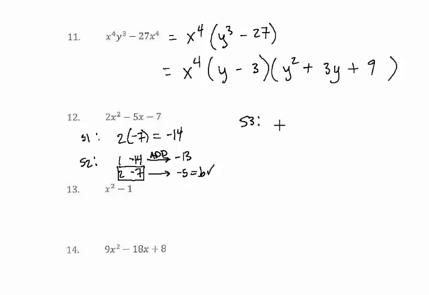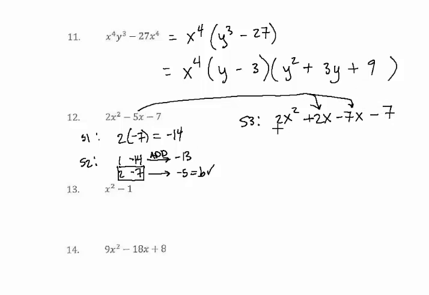If we follow the AC method, then we write 2x squared plus 2x minus 7x. We're simply breaking up this minus 5x into these two terms using the numbers that we found. Now we group the first two together and the last two together, and we factor by grouping.